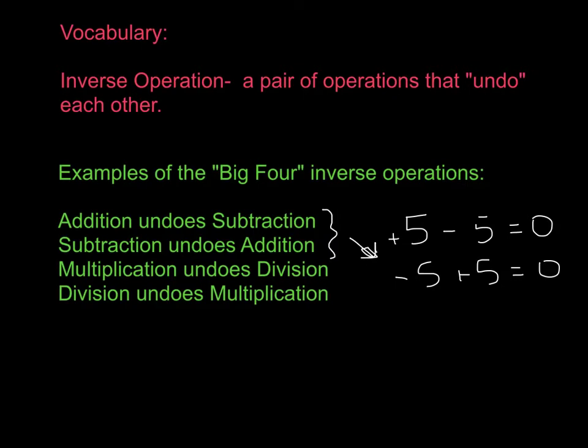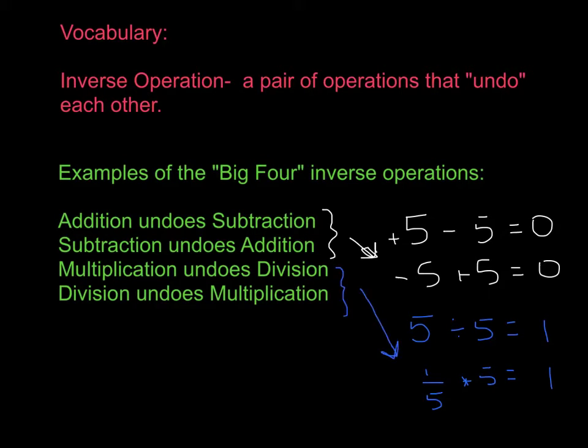And then if I talk about multiplication and division, I could say that if I have 5 and I divide it by 5, that's going to give me 1. Just the same as if I had 1/5 and I multiplied it by 5, that's also going to give me 1.